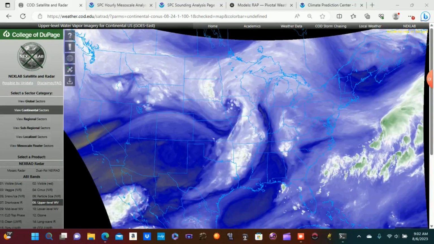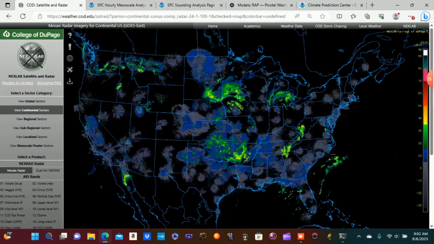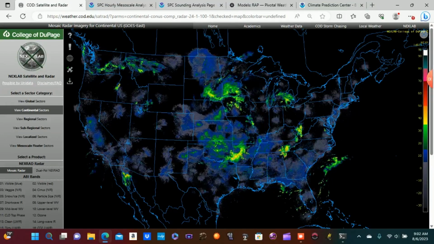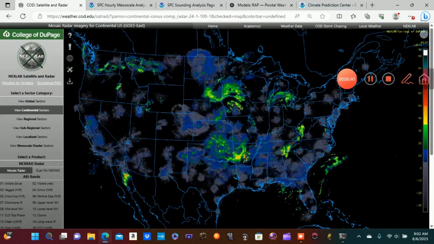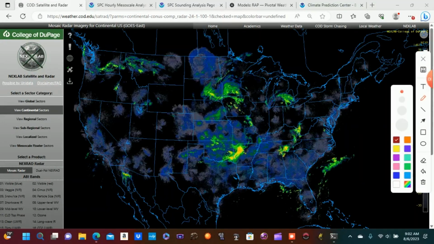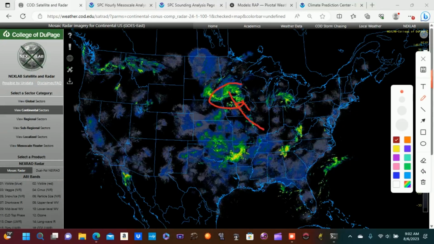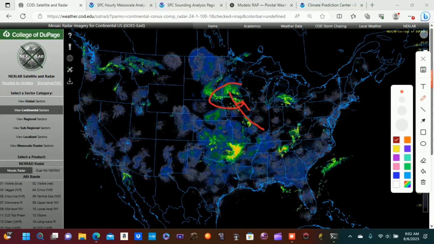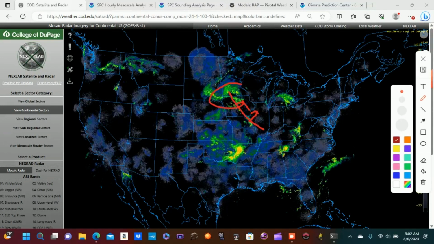I'm going to look at the radar for this morning. This is valid up through about 9 a.m., and we mainly just have scattered showers across parts of the United States. I'll draw your attention back to our west across the Midwest. We have some scattered showers and storms across a frontal boundary that's going to be lifting to the north today as a warm front.